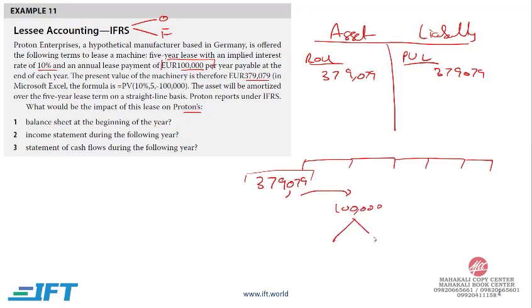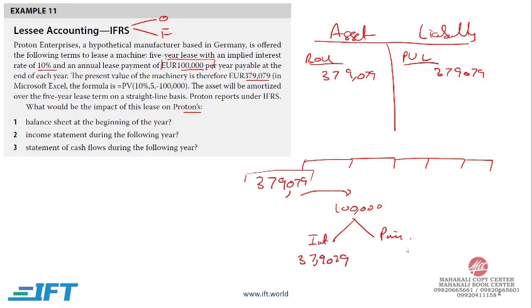Now out of this 100,000, there would be an interest component and a principal component. At the end of 1 year, the interest component is 10% of 379,079. 379,079 multiplied by 0.1 would be 37,907.9.